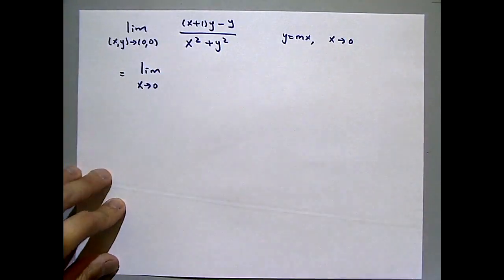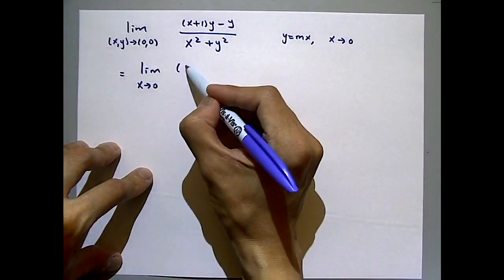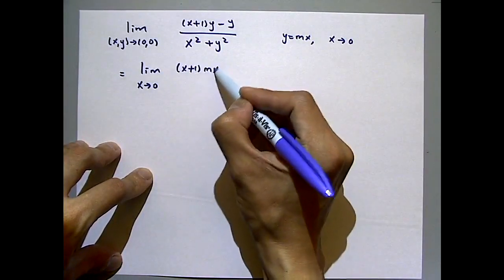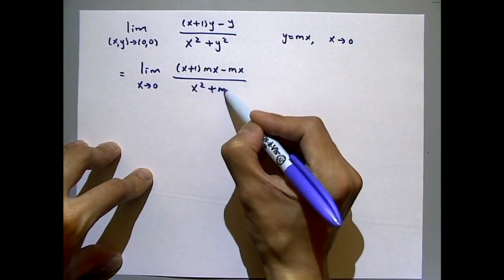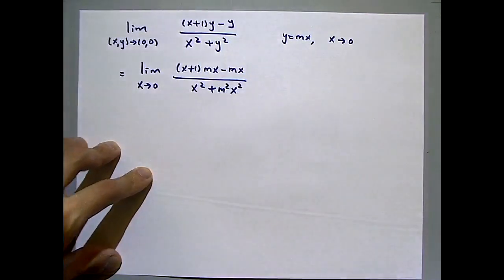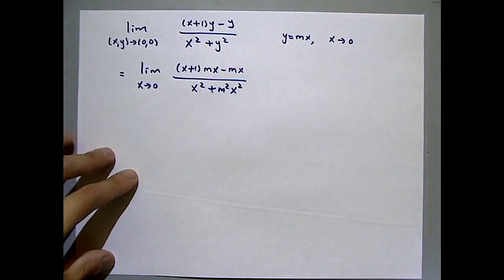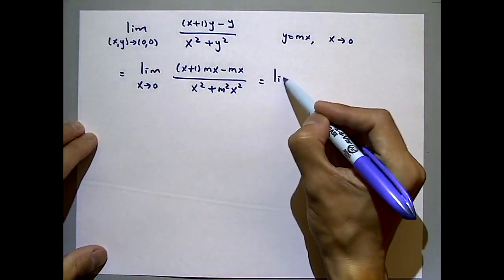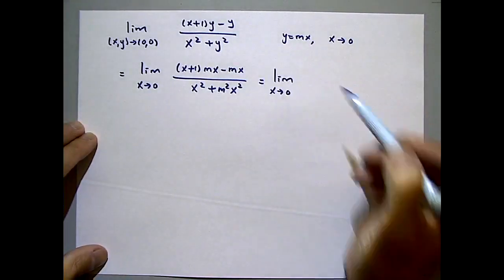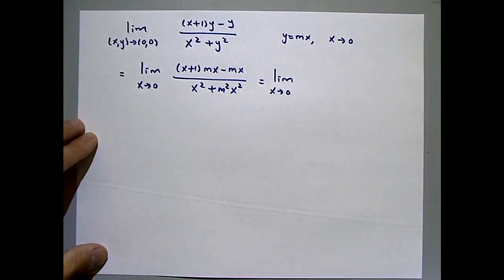So this is the limit as x goes to 0 of (x plus 1 times mx) times mx minus mx over x squared plus m squared x squared. I simply changed y to mx because that's the path I have chosen. I could have chosen x equal to my if I wanted to, but it's the same idea. In fact, I could have chosen mx squared or cubed or something. It's just another path to check.